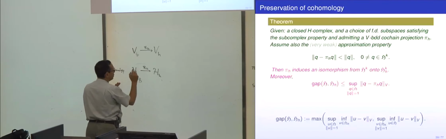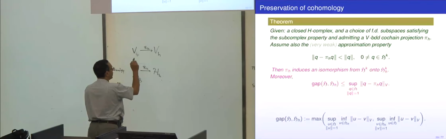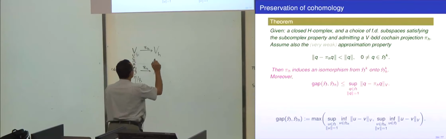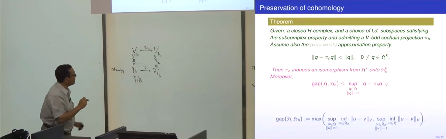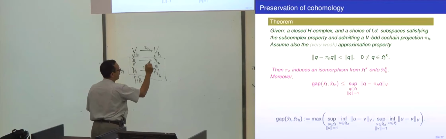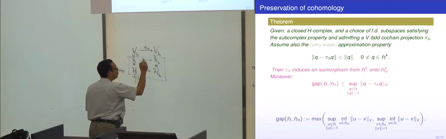Now, because we're in a Hilbert space setting and we have Hodge theory, this is isomorphic to harmonic forms, which are a subspace. And this is isomorphic to discrete harmonic forms, which are a subspace. So that means I can make this little diagram commute by having some induced map here.